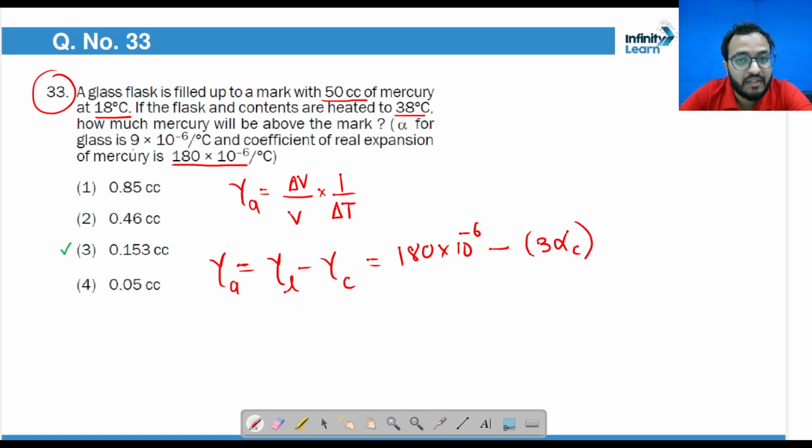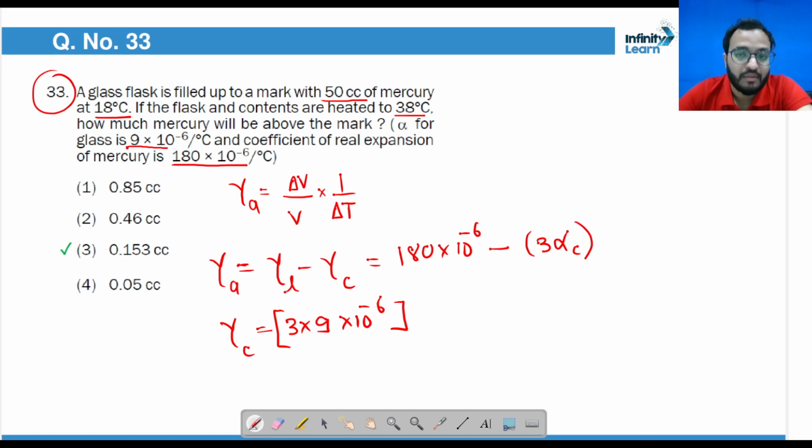Alpha of the container is 9, so gamma of the container is 3 into 9 into 10 to the power minus 6. Whatever it is, you put the values and solve the question. Once you know the value of gamma apparent, just put it here and get the value of delta V. The initial volume is given, 50 centimeter cube.